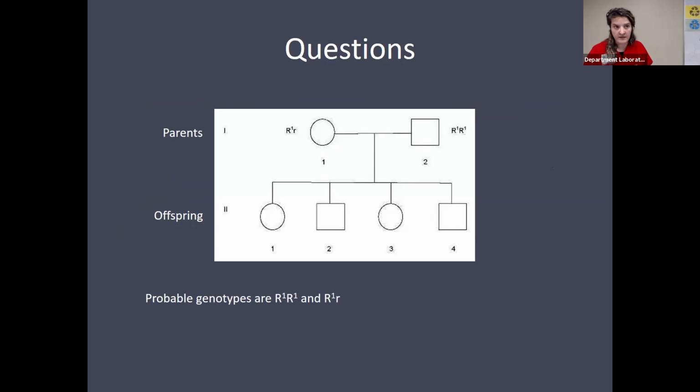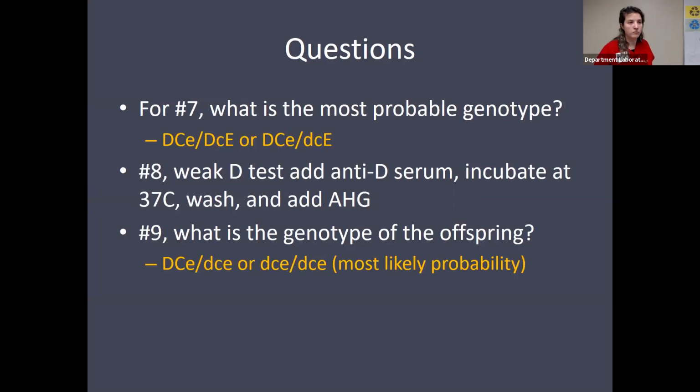All right, so here's one that's asking, oh, yes, ma'am. Question, I think it was 8 up there with the last slide. Just to be clear, so the 37 degrees is to express the curve, and then the in vivo at the AHG. Yes, so the purpose of the 37-degree incubation for your weak D testing is to allow that antibody to uptake onto the cell.